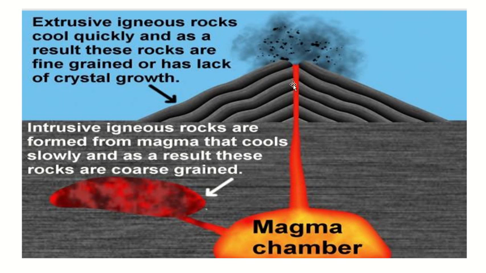We can identify two different types of igneous rock: one formed outside the earth's crust and one formed inside. The one forming outside is called extrusive igneous rock, which cools very quickly because of the atmosphere. The other is intrusive igneous rock, which is formed below the earth's crust and cools slowly, and because of that we can identify coarse-grained rocks.